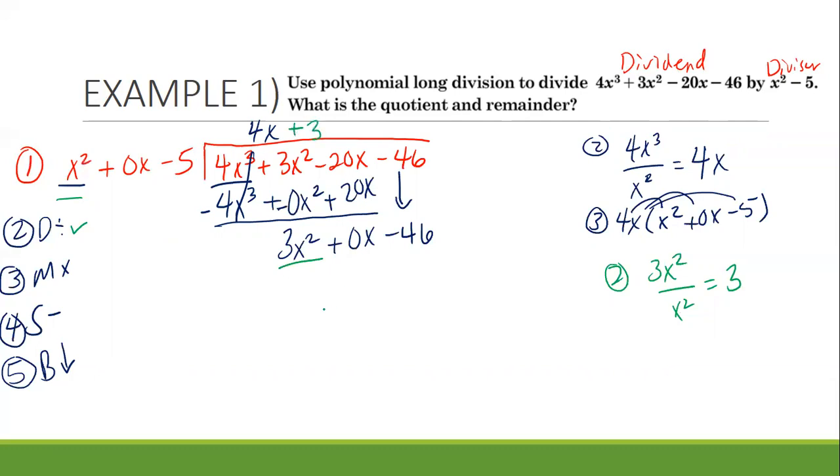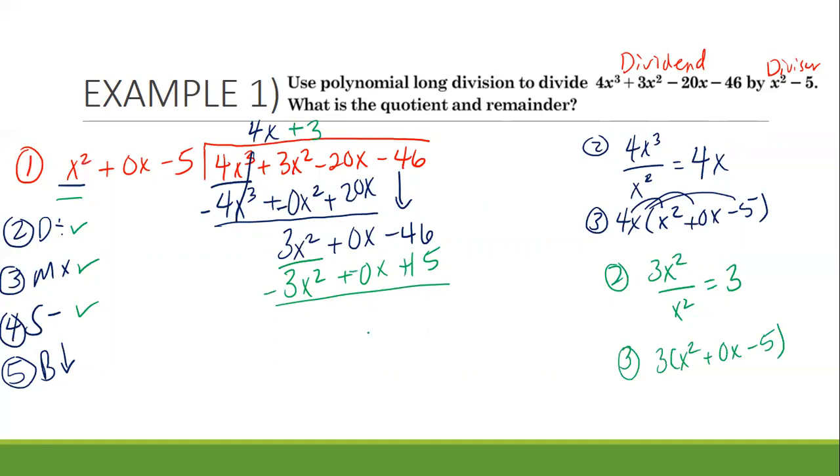Put that on my quotient line. Step 2 is to multiply that value times your divisor. So in my head, I'm doing 3 times x squared plus 0x minus 5. That gives me 3x squared plus 0x minus 15. Step 4 is to subtract.